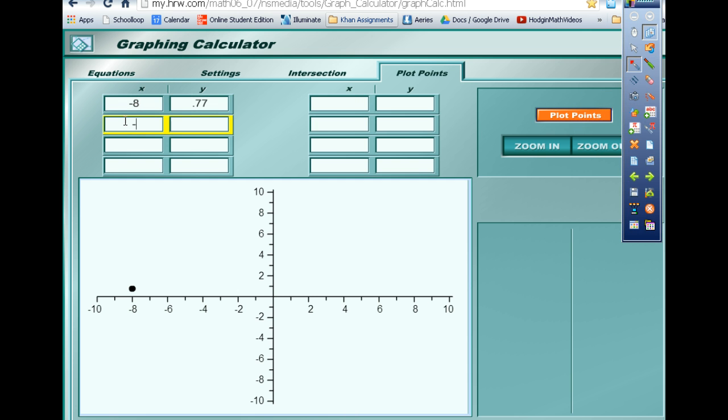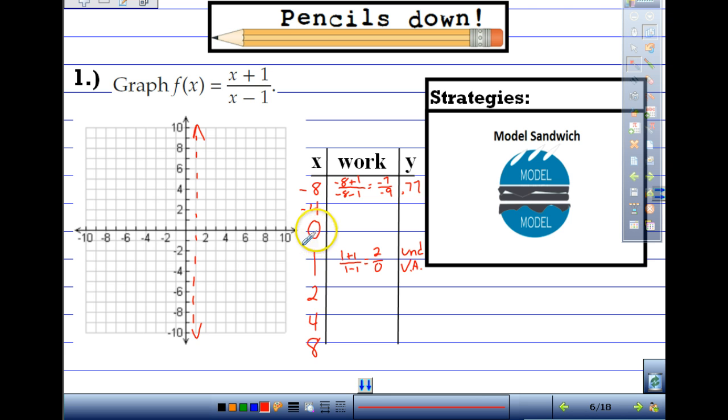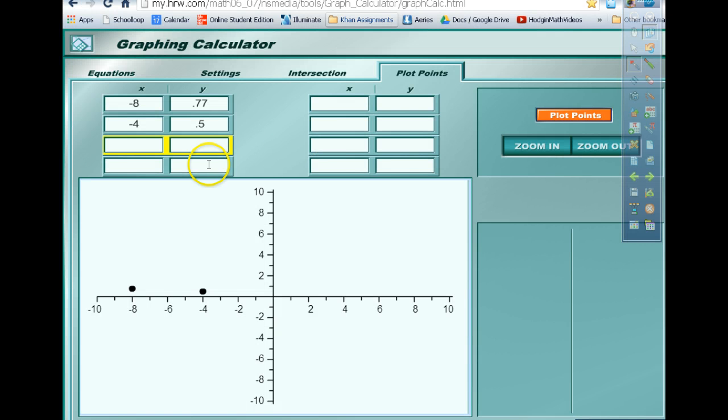What do we get for -4? 0.5, a half? Okay. And what do we get for 0? -1?